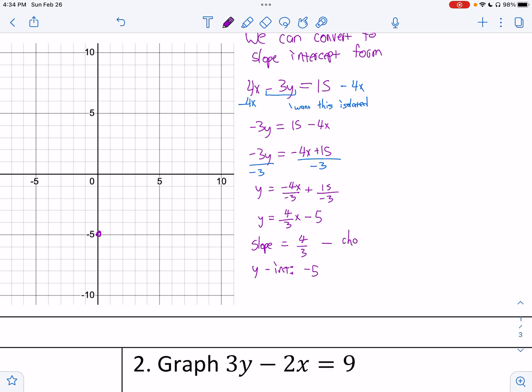This is change in y divided by change in x. So if x goes up by 3, y goes up by 4. Or if y goes up by 4, x goes up by 3. So 1, 2, 3, 4. 1, 2, 3. And that's one perfectly good way to draw my line.